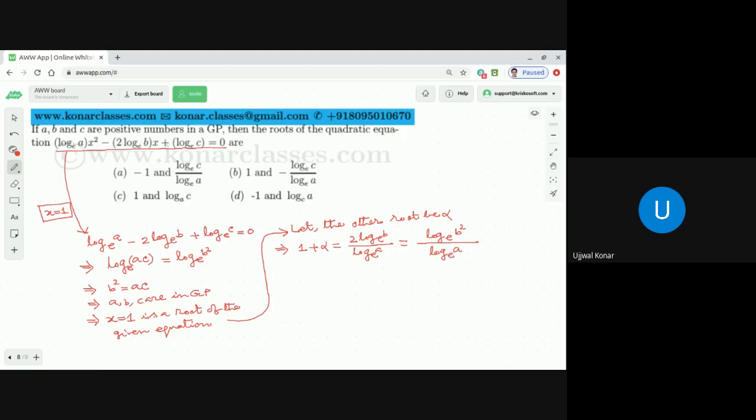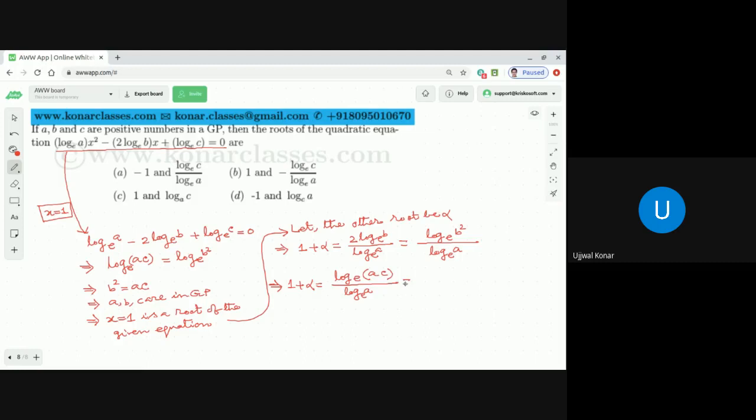Now, what is log of b square? b square is equal to a into c. Correct or not? So let me write it down. 1 plus alpha is equal to log of b square, where b square is equal to a into c, divided by log of a base e.